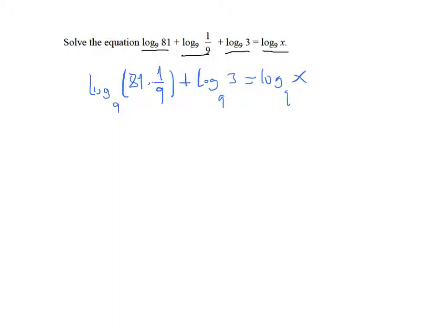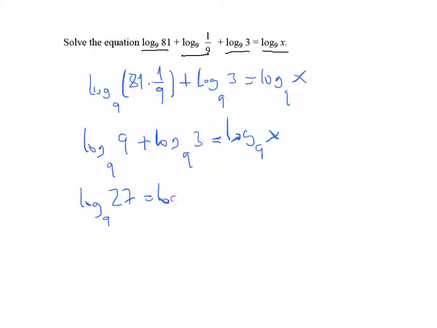Now this I can multiply, and I'm going to end up with a 9. Log base 9 of 9 plus log base 9 of 3 equals log base 9 of x. And similarly I can do the same thing here, and I would end up with log base 9 of 9 times 3, 27, equals log base 9 of x.